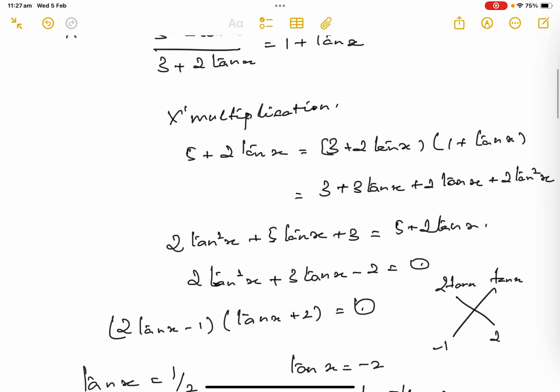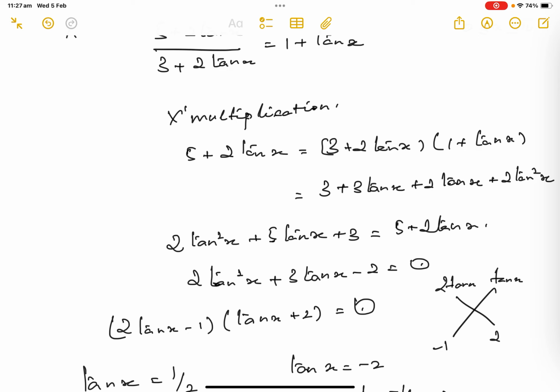We get 3 + 3 tan x + 2 tan x + 2 tan squared x on the right hand side, and let's rearrange it: 2 tan squared x + 5 tan x + 3.